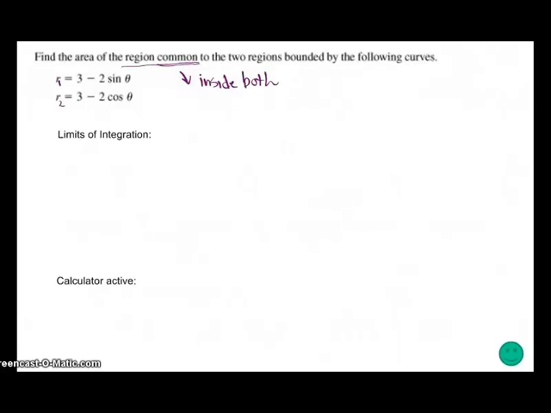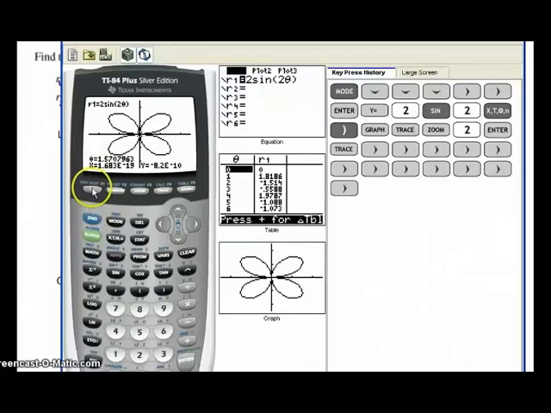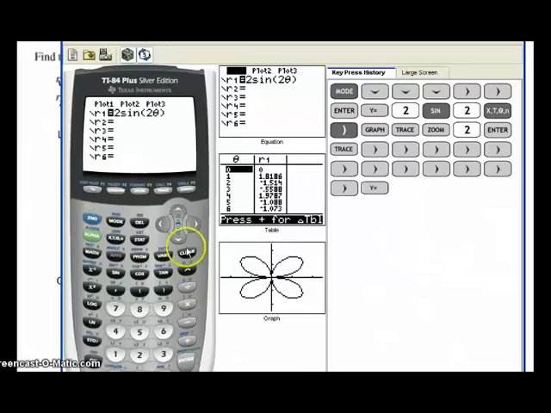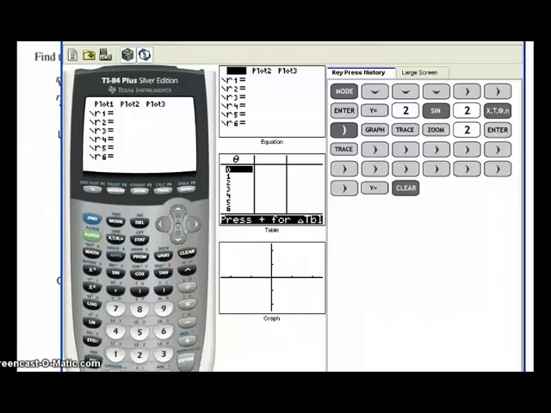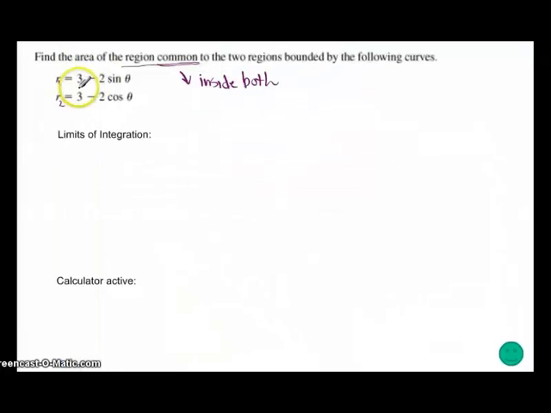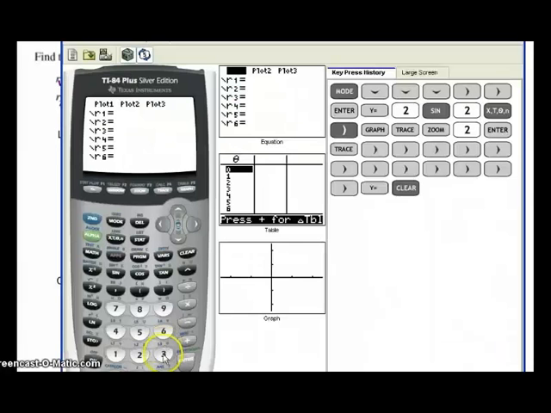Okay, that means it's inside both polar functions. All right, so let's go back here to y equals. I'm going to clear this out. In R1, we're going to put 3 minus 2 sine theta.